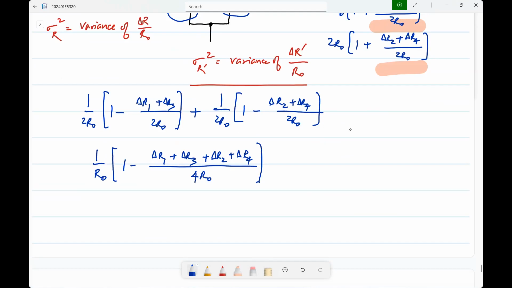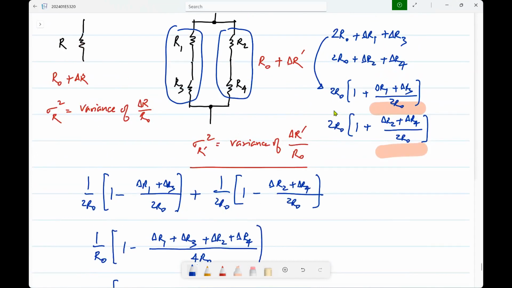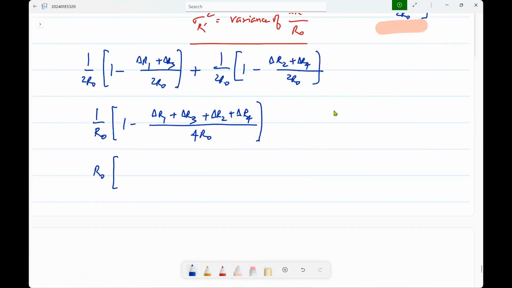Is this correct? So what is the resistance? It's the reciprocal of this. Is there something wrong here? So the nominal value is R0.